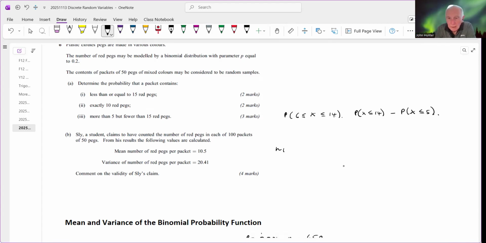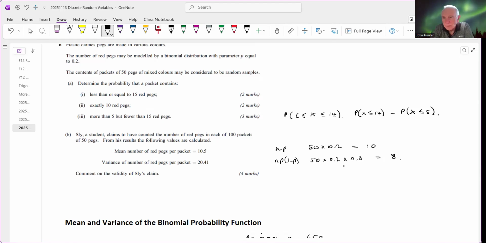So np, as we've said, is equal to 50 times 0.2, which equals 10. And np times q is going to be 50 times 0.2 times 0.8, which is 10 times 0.8, which is 8.